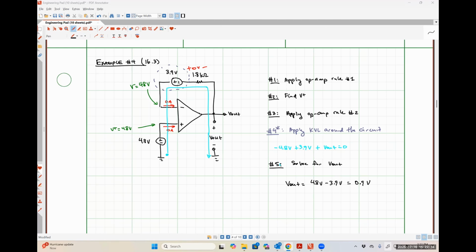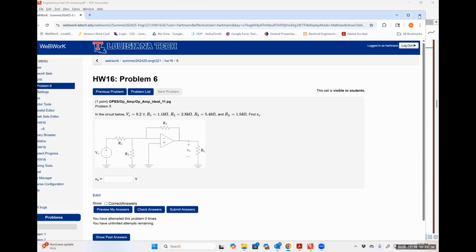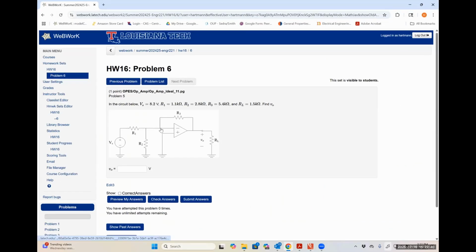Is that correct? So let me pull this over so that I can use my mouse to describe what's going on. So you can see my mouse and all that kind of stuff, right? Yes, sir. Okay. So when you apply KCL at this node, there's going to be some current flowing to the left through R1. There might be some current flowing down through R2. We'll revisit that in just a second.